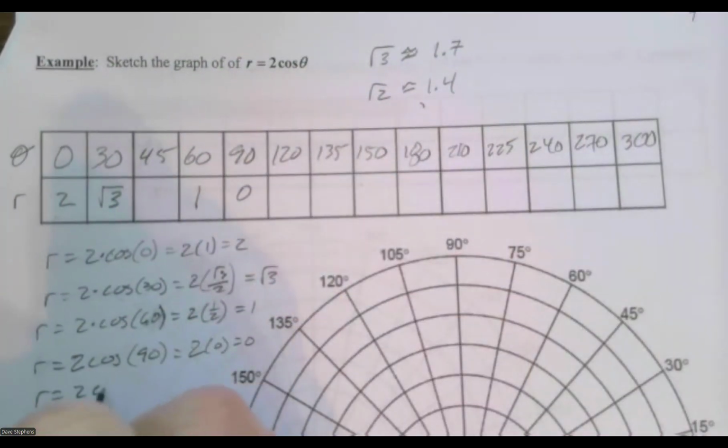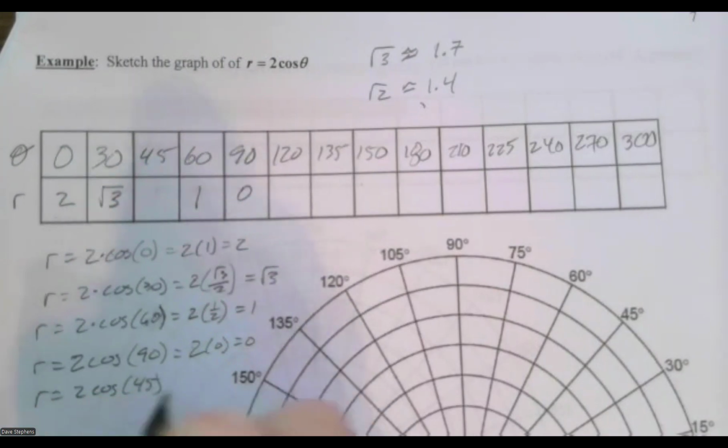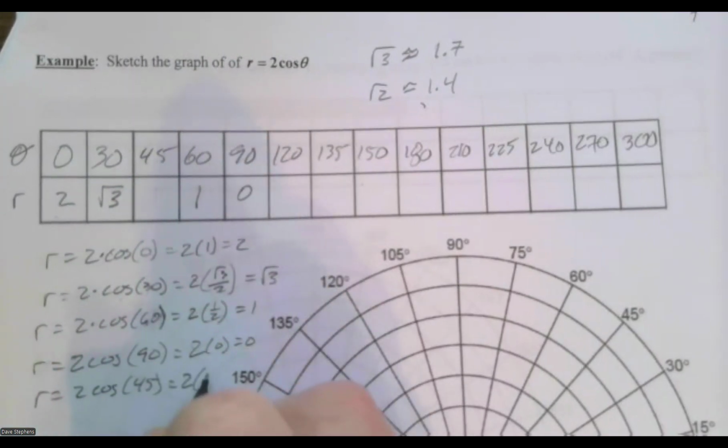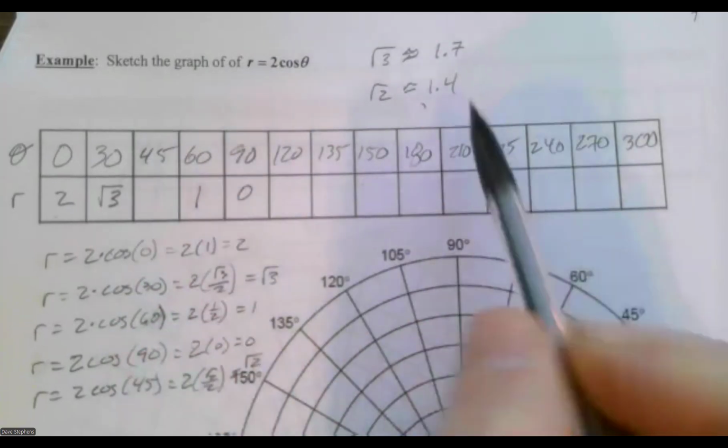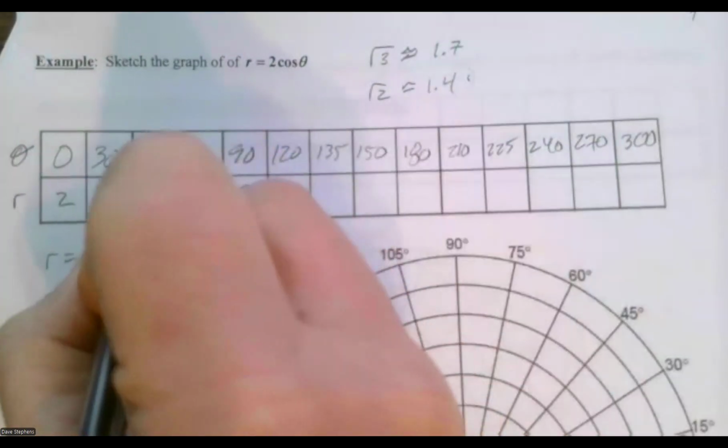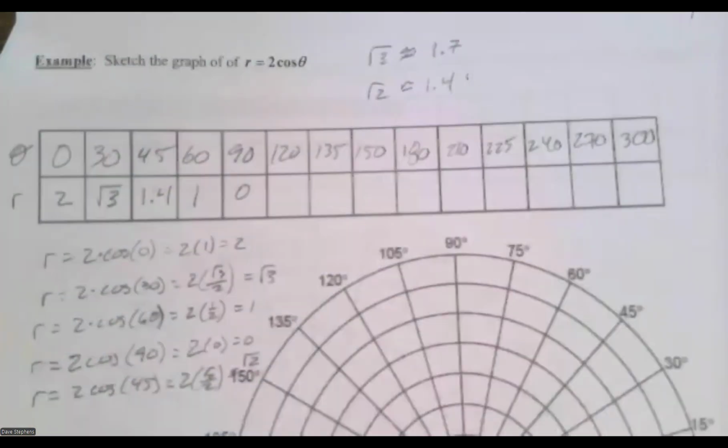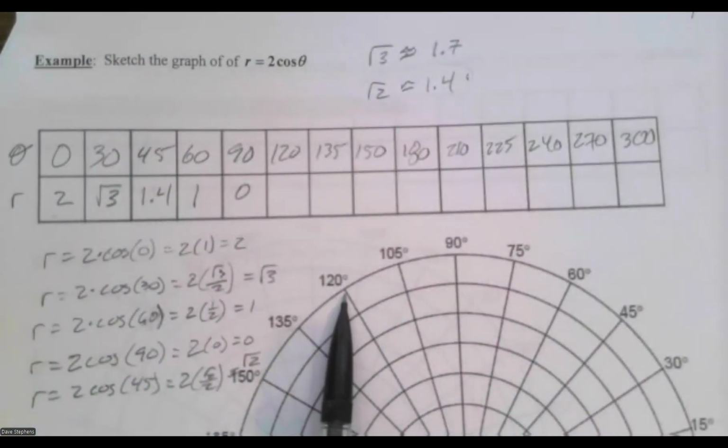r equals 2 times the cosine of 45. Oh, that's not really friendly. 2 times root 2 over 2 equals root 2, and the square root of 2 we said was 1.4. All right, 120. My x value there is negative 1/2, right?